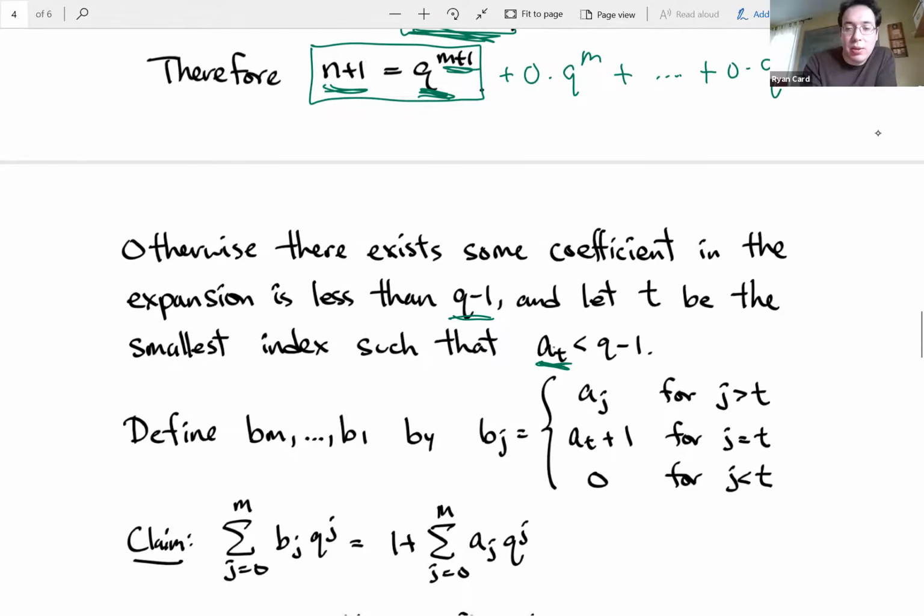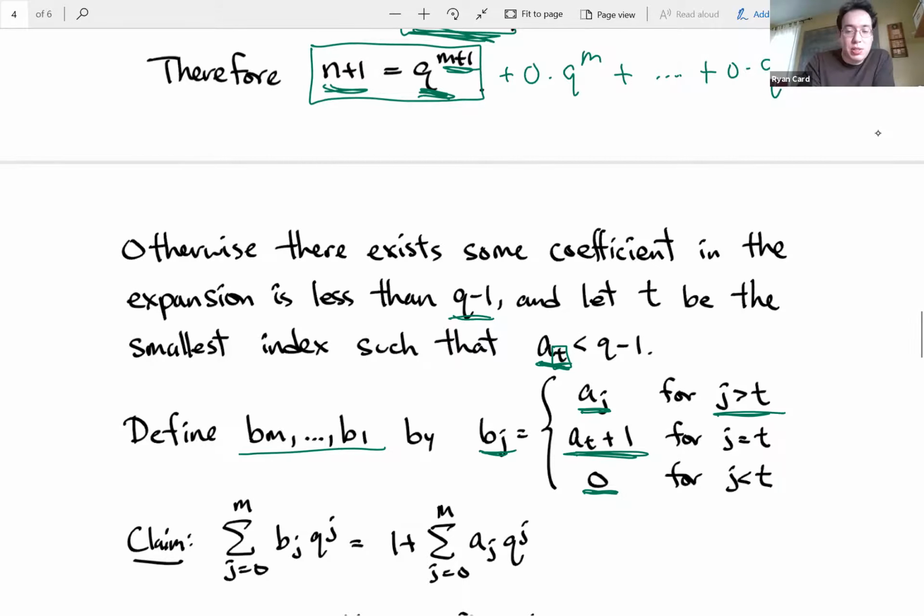So we're going to denote that index by t, and we're going to define a new set of coefficients. The coefficients are going to be the same for every coefficient above the special index t. On the coefficient of the index t, we add 1 to it, and we can do that because it's not the maximal digit q minus 1. And everything smaller than that, we're going to replace with zeros.